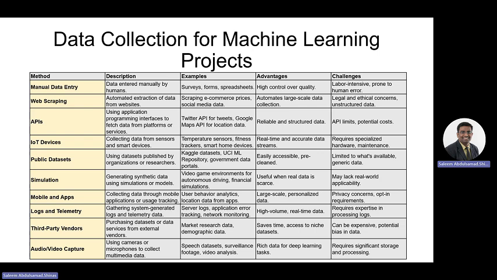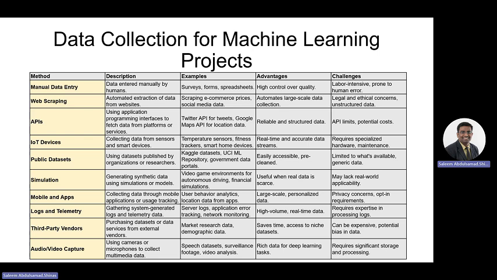We also have simulation environments, mobile apps, and server logs. Sometimes we have to buy data from a third party. Audio and video that we collect can also be data. These are the different sources from which we can collect data.